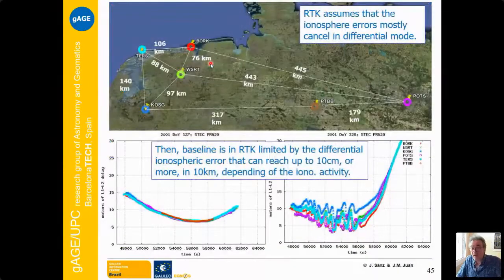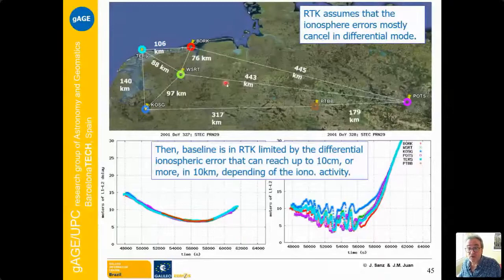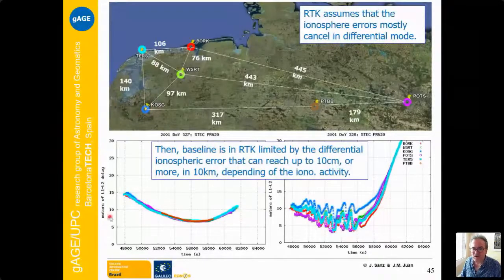Well, there is a limitation in baseline due to the ionosphere. In nominal conditions, we can assume that up to 10, 20 kilometers, the ionosphere is the same, but in perturbed conditions, under ionospheric storms or under scintillation, the ionosphere can introduce large errors that make this technique have problems to properly work.